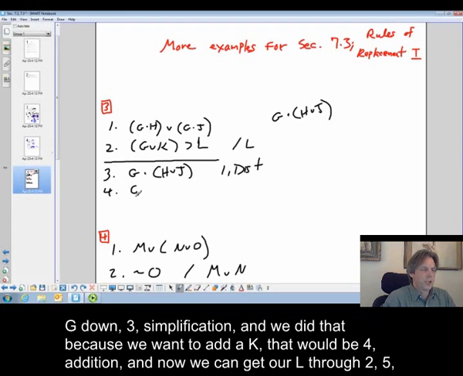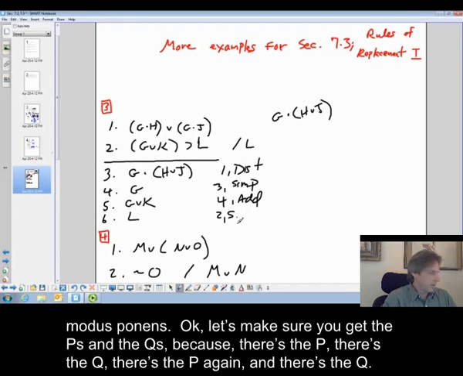We can bring this G down. 3 simplification, and we did that because we want to add a K. That would be 4 addition, and now we can get our L through 2, 5 modus ponens, okay?